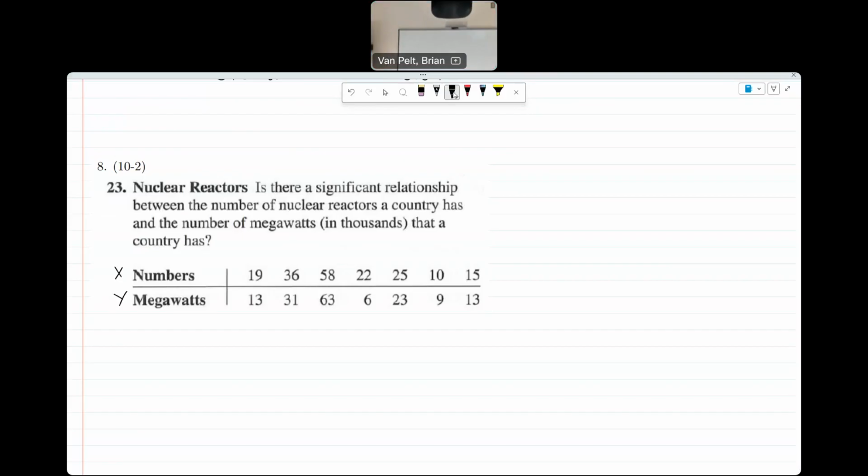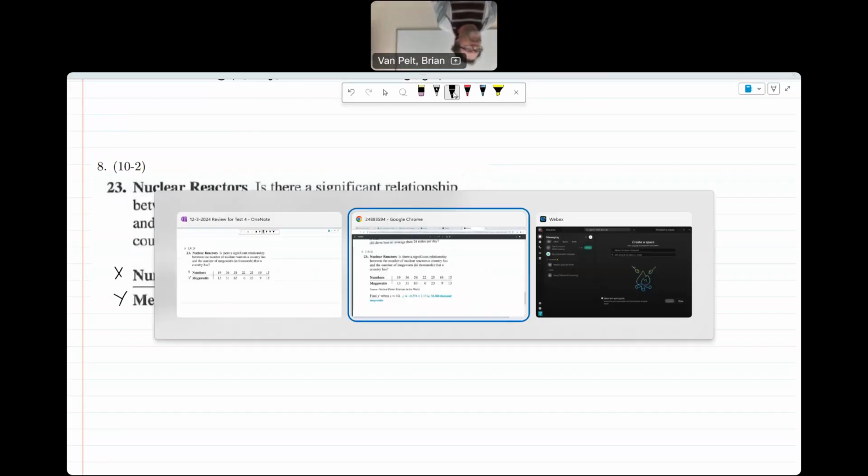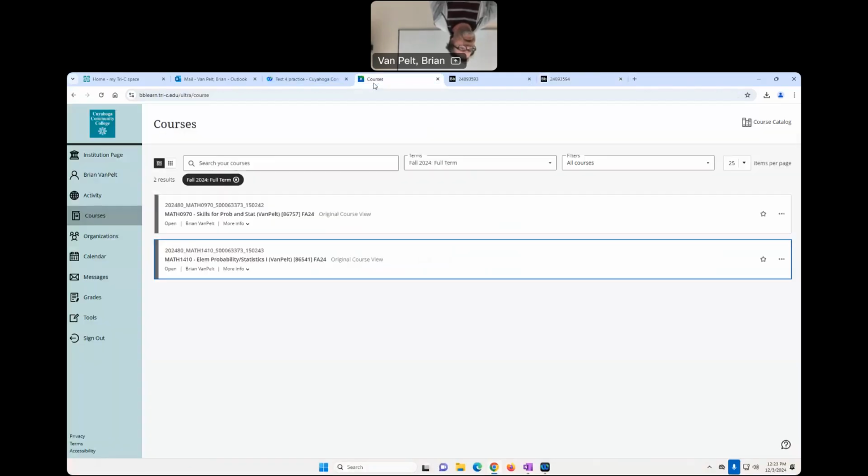Is it enter or? Stat will leave the data, yeah. If yours doesn't do it, your calculator literally does not do it.